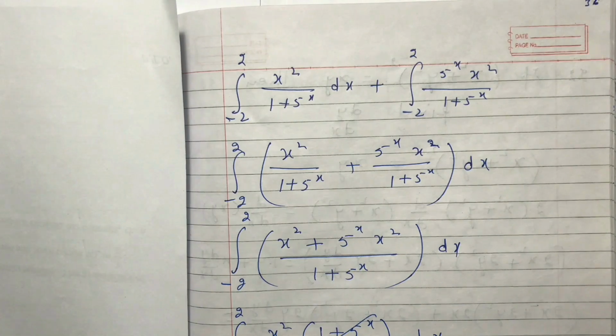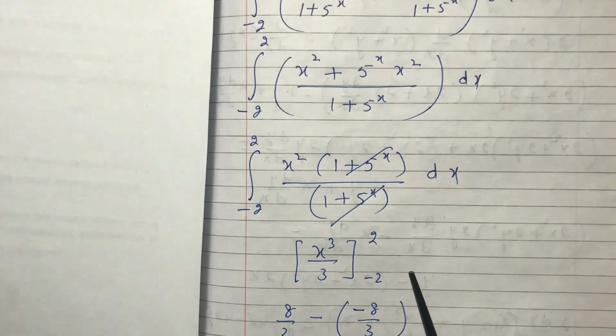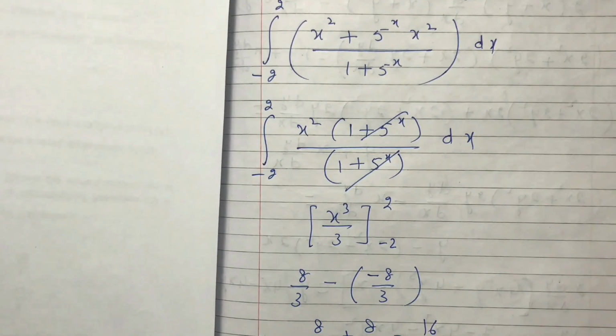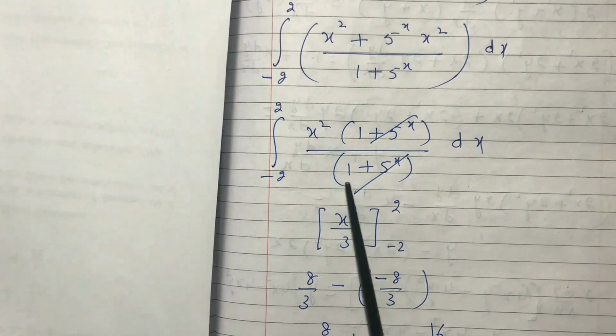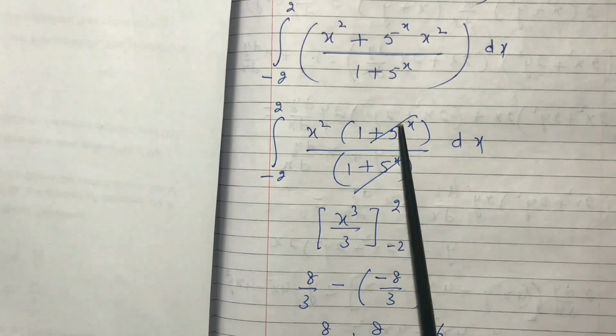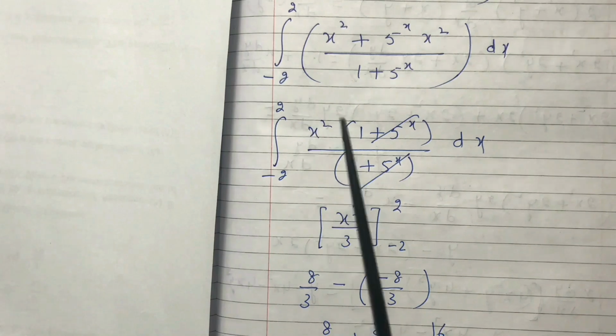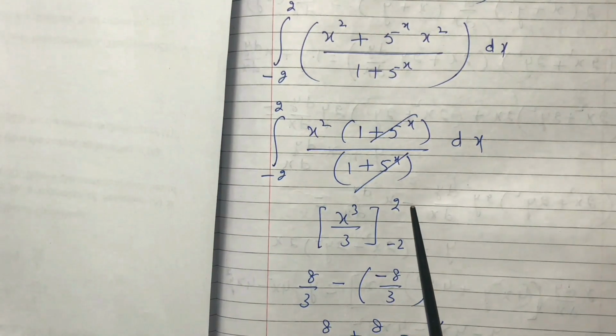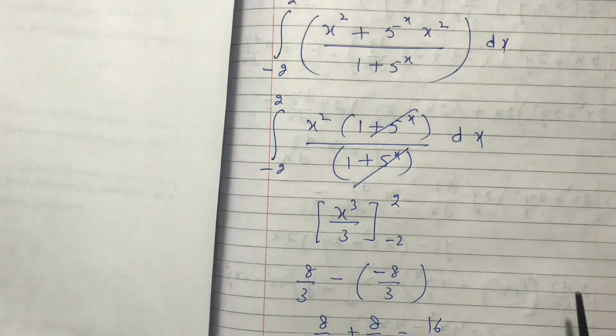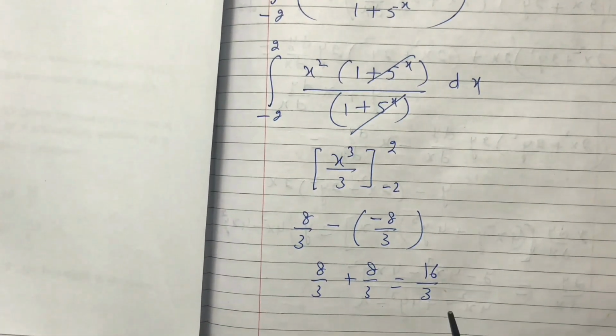And if I take x square common, in the bracket I'll have 1 plus 5 to the power x upon 1 plus 5 to the power x. This and this cancel, and integration of x square is x cube by 3 from minus 2 to 2. Substitute the values, you will get 16 by 3 as the answer.